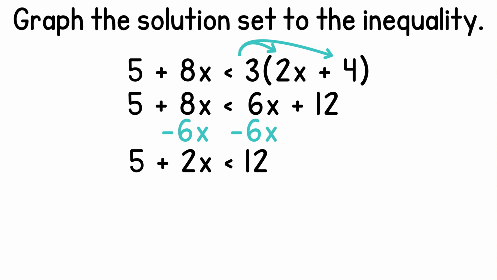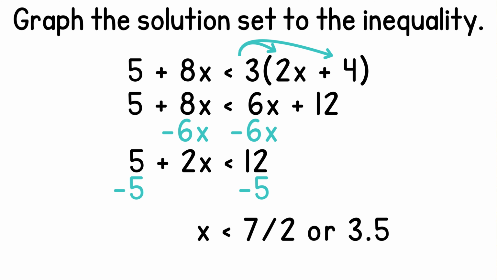This gives us 5 + 2x is less than 12. Now we'll subtract that 5 from both sides to get the x isolated. This gives us 2x is less than 7. Our last step is to divide by that coefficient of 2, which gives us a final answer of x is less than 7/2 or 3.5.